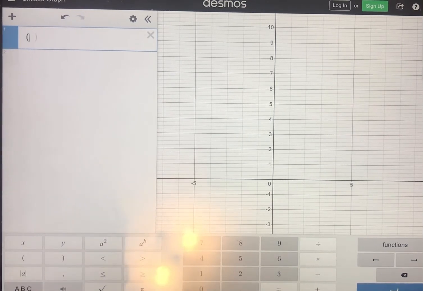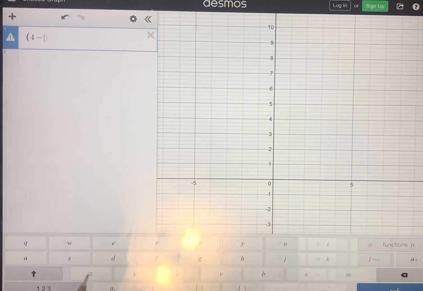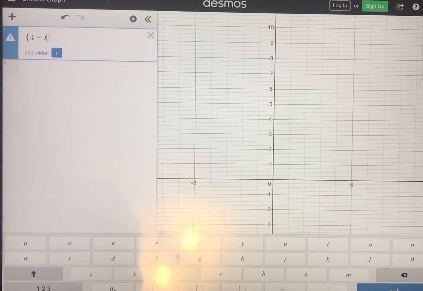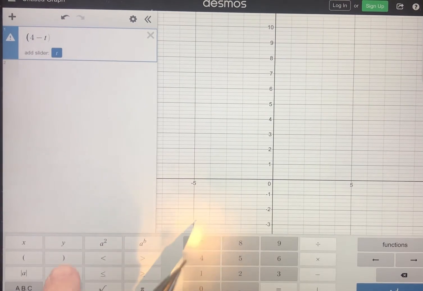So I'm going to use parentheses. Okay, the x coordinate was 4 minus t. 4 minus t. And Desmos seems to like t being used for parametric equations. So there's the x coordinate. Now go back in here and type a comma.